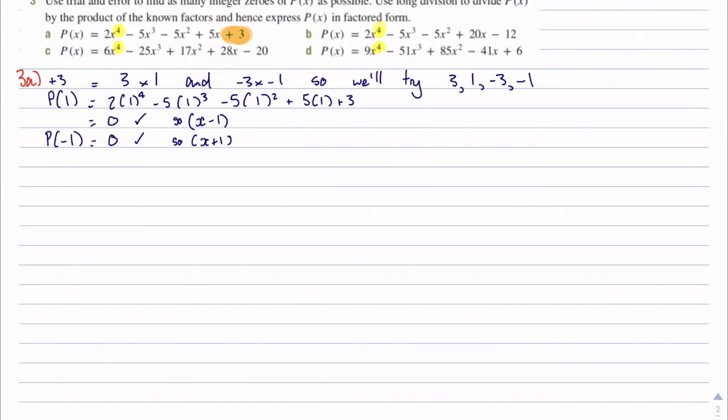The next one we're going to try is positive 3. Actually, no, let's try a negative 3 next. So we've got 2 times negative 3 to the 4, take 5 times negative 3 cubed, take 5 times negative 3 squared, plus 5 times negative 3, plus 3. 240, which is not 0.